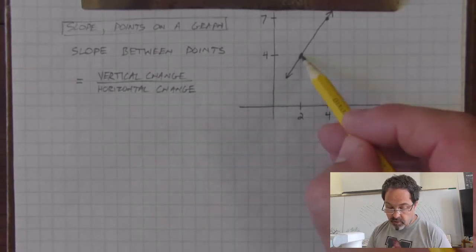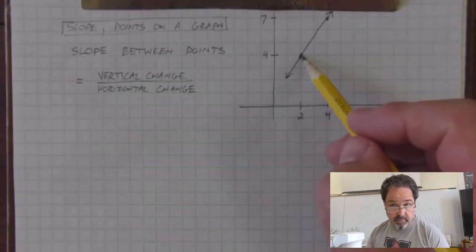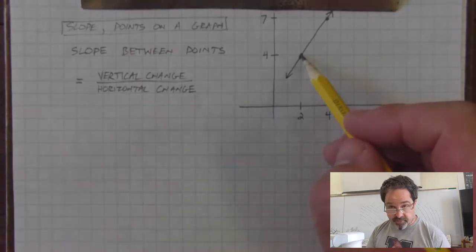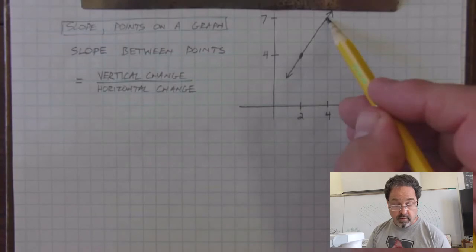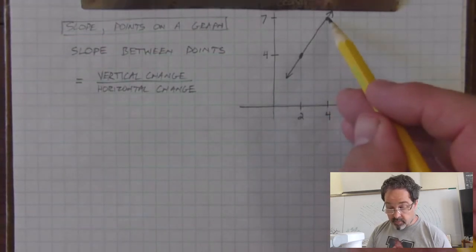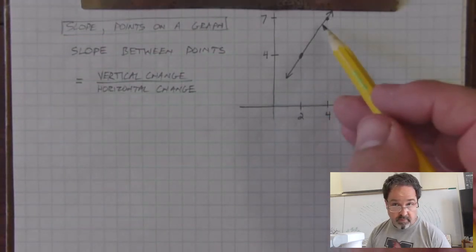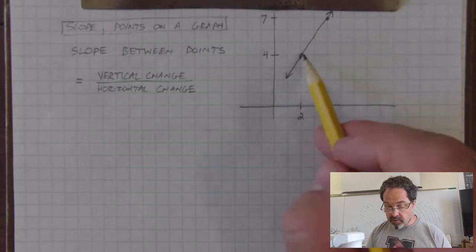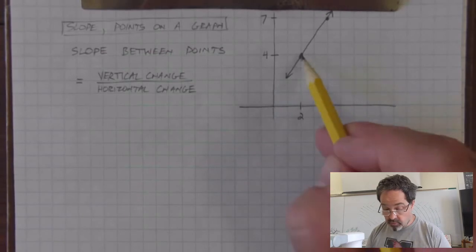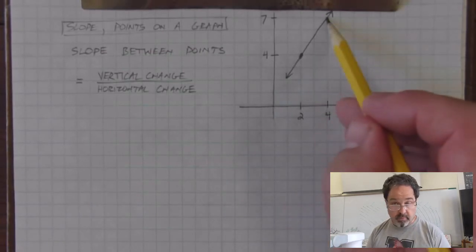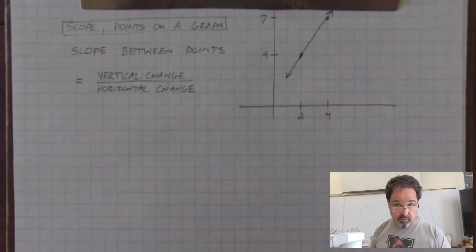Well, imagine starting at 1 point and changing our position to get to the other point. We're going to go up and to the right. But how much do we go up and how much do we go to the right to go from 1 point to the other? And we can separate those 2 quantities, or those 2 measurements.